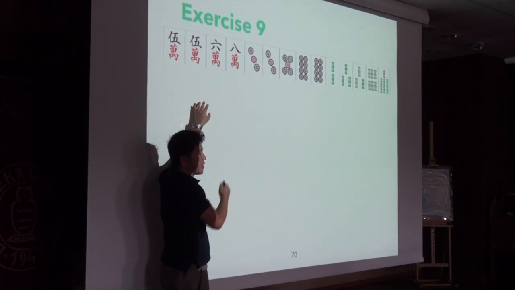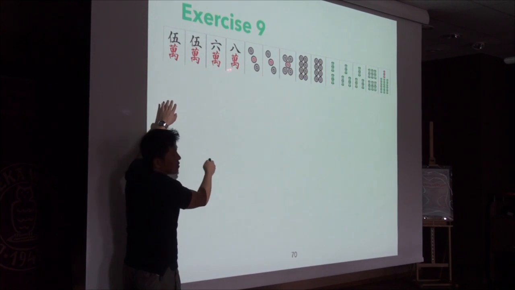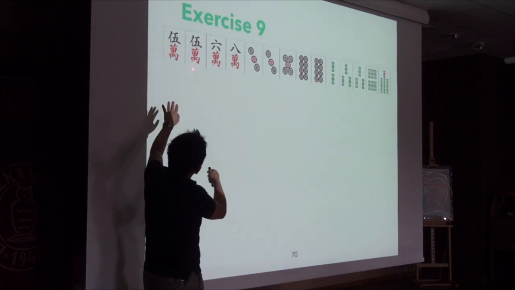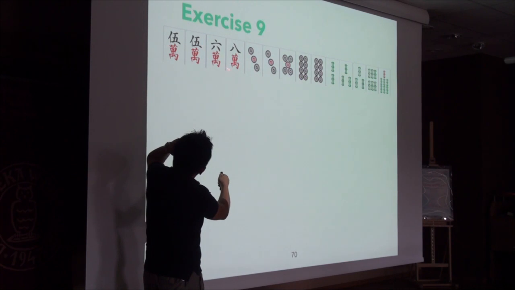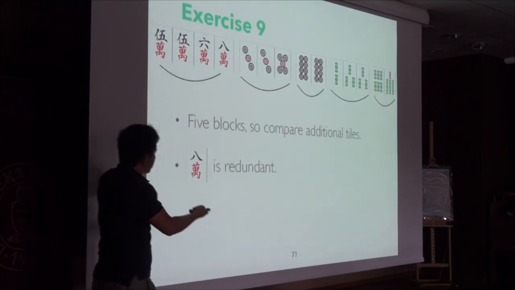So 8 is redundant. Or if you think of this as 2 separate blocks, then we're essentially comparing this closed wait with this. So we don't need this block. Right?